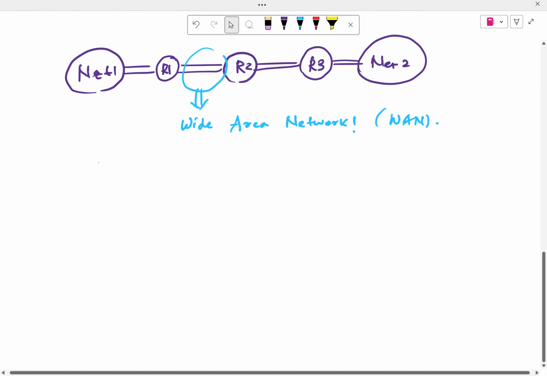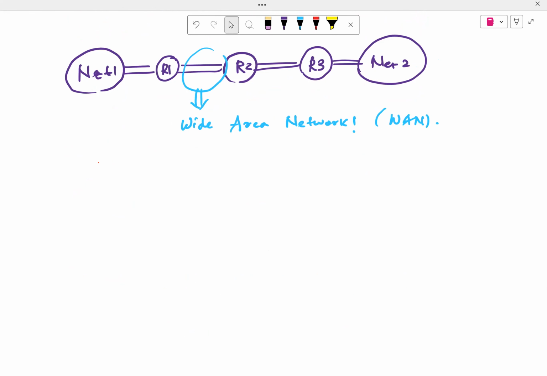Each host has an IP address, and each network has an IP address. That's called the network IP or network address, and each host inside that network will have an IP address as well. Those will be private IP addresses, not public ones.